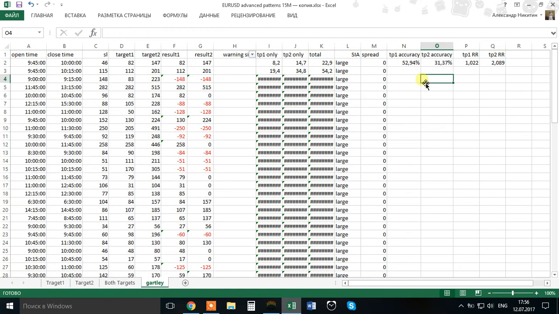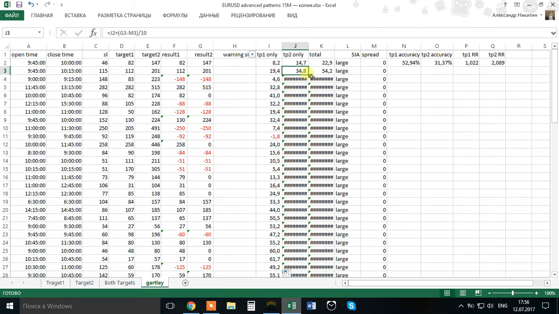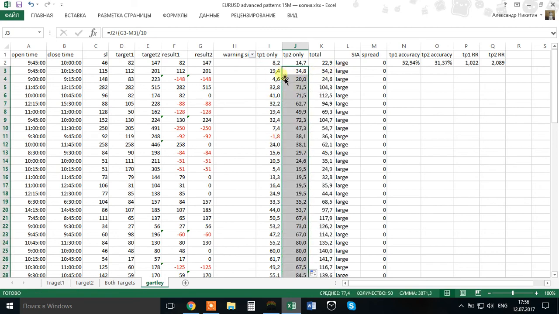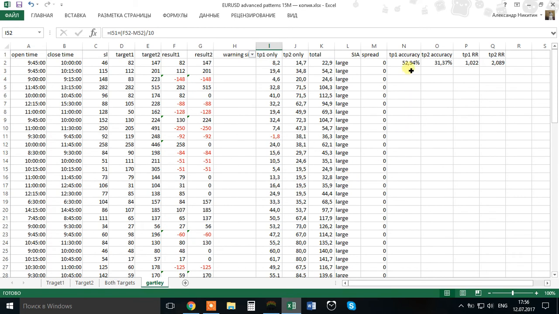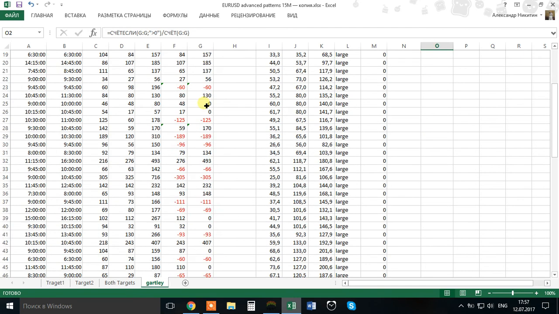Okay, so it requires recalculations like this. If you look back here, now you see it turns positive. First of all, the take profit 1 accuracy is now 52. The take profit 2 accuracy is 31. You see?